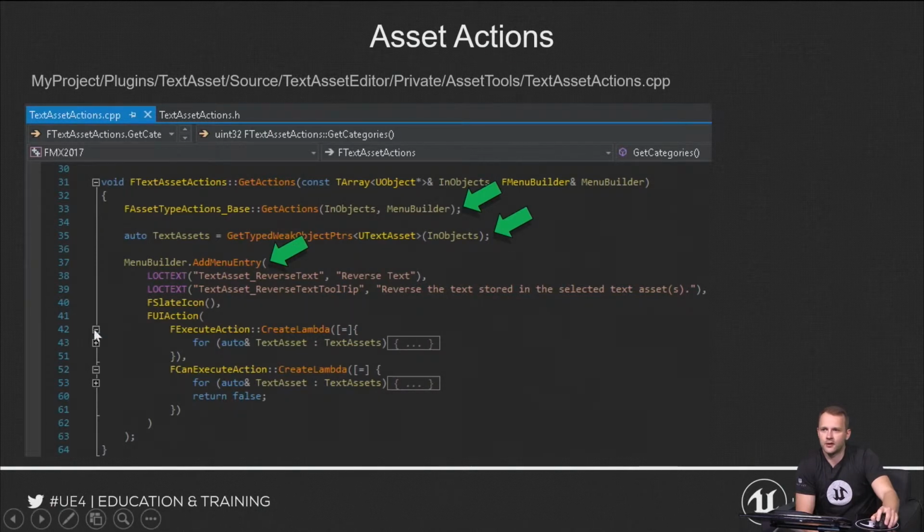And then the next line here, the get typed weak object pointers, that's a little trick that I use to ensure that we're not holding on to object pointers that might go away. What do I mean by that?